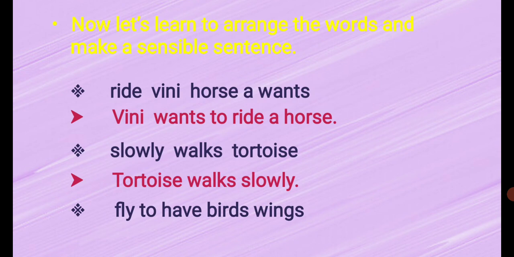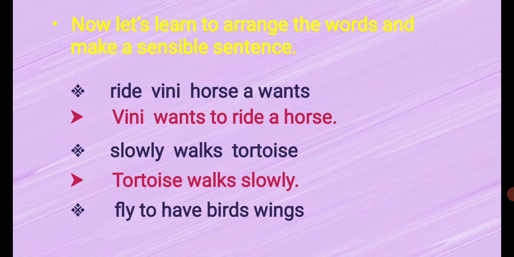Whenever you arrange a sentence, just remember one thing: you have to read the groups of words separately. Fly to have birds wings. Now just think about it. Which is the active part? Yes, of course, the birds. So birds will be the first word of the sentence.